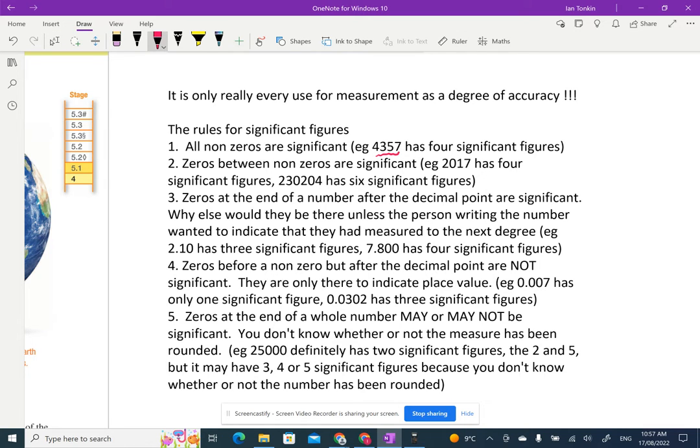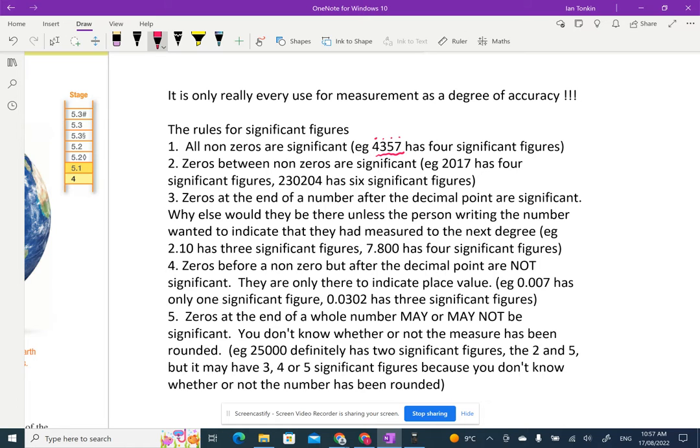So a number like 4357, four significant figures, because every one is significant because you've measured every thousand, every hundred, every tens, and every units. Okay, so there's your first step. If it's not a zero, the digit, or the figure, is significant.